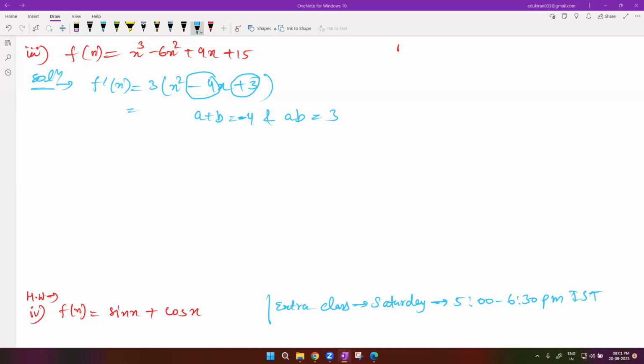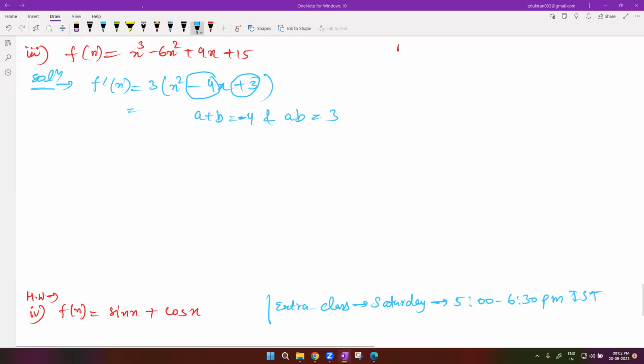Yes. Okay. And what are the local minimum and local maximum values of the function? That I have to calculate. Austin, what are the two values? Minus 1 and minus 3, right? Yes. Minus 1 and minus 3 add up to minus 4, and if you multiply minus 1 and minus 3, then you get 3.